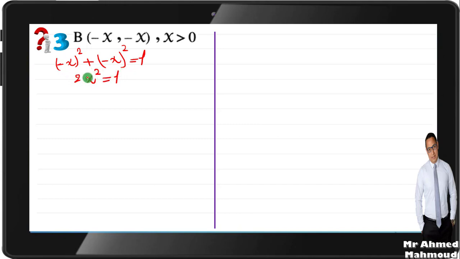By sending 2 to the other side and taking the square root, x equals negative or positive square root of 1 over 2. Here x is greater than 0, so the negative is refused. Therefore x equals positive 1 over square root 2.